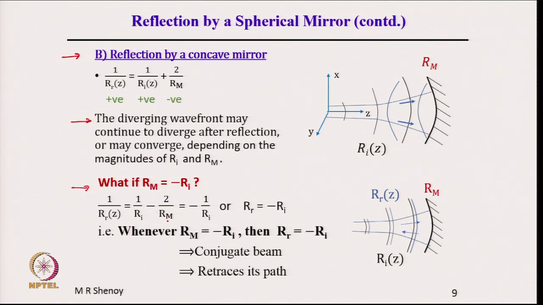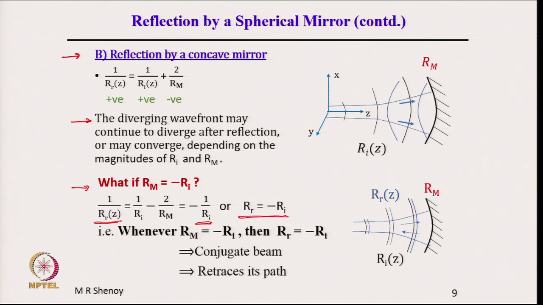This is minus 2 by R_I, which is equal to minus 1 by R_I. 1 by R of z, that is radius of curvature of the reflected beam, is negative of that of the incident beam, or R_R is equal to minus R_I.